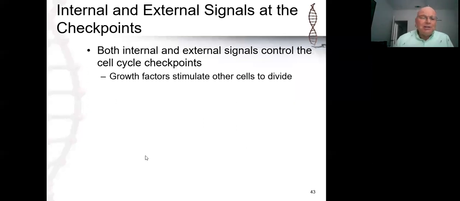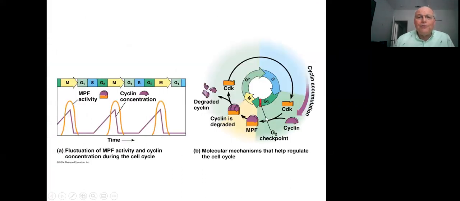But there are a second set of growth factors that function from outside of the cell. So while these growth factors are allowing the cell to progress through the cell cycle, remember at G1, you have to decide whether the cell is going to remain within the cell cycle or exit the cell cycle into G2.